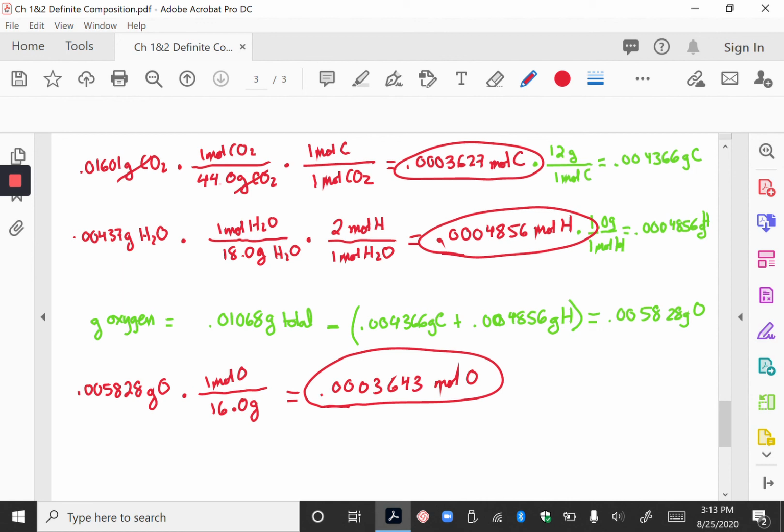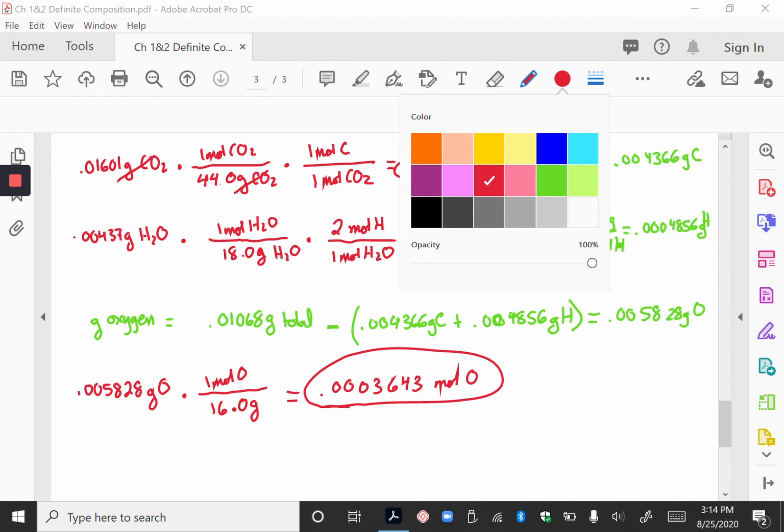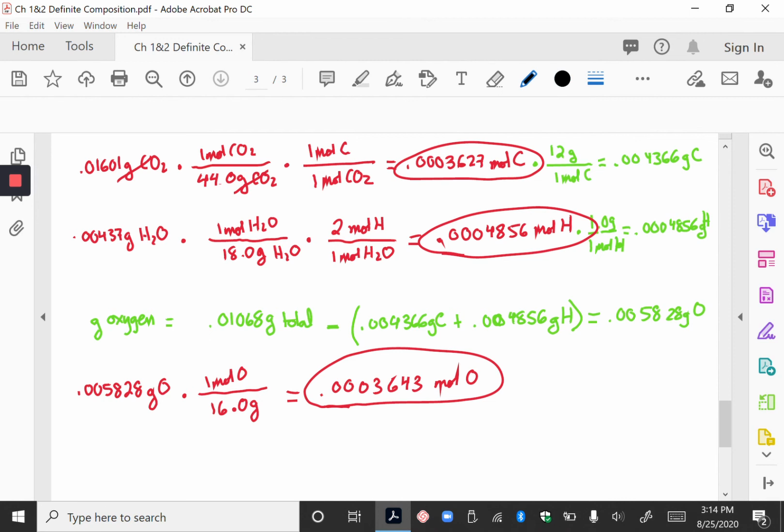Now again, if you're pretty good with math, you can just look at these and figure out what the ratio is. If you're not, then you divide by the lowest number. So I'm going to do that in black. Out of these, the smallest number is the 0.0003627.